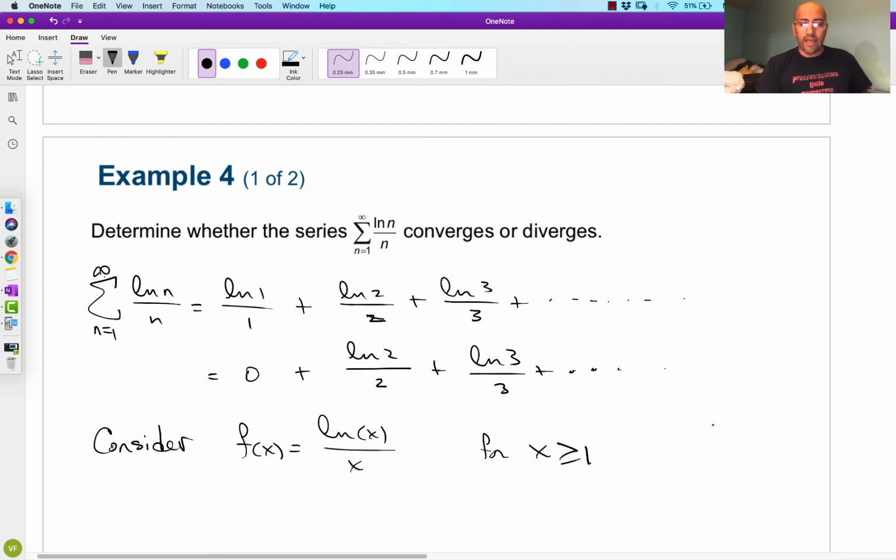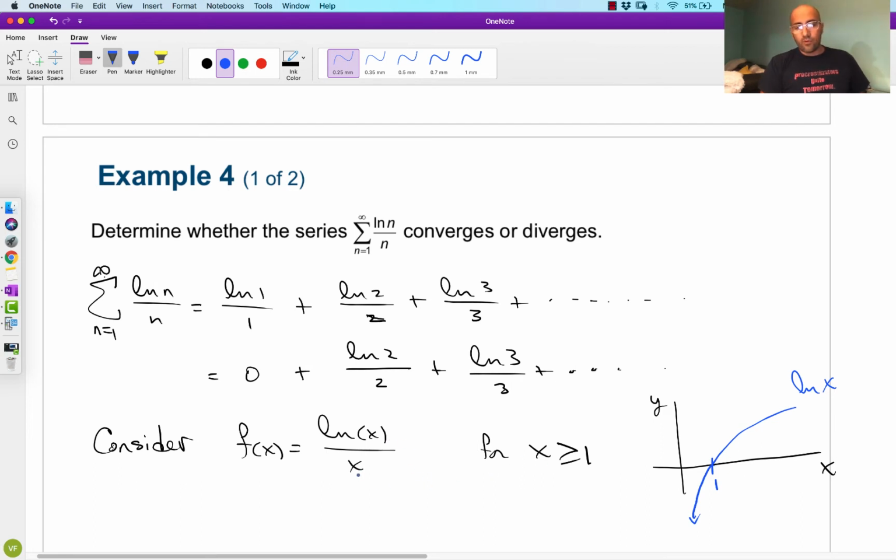If we think about the graph of ln, a rough sketch of it will look like this, kind of comes this way and goes that way, like that. So it crosses right there at 1. That's why I know that ln of 1 is equal to 0. So for x being greater than or equal to 1, we have positives, right?